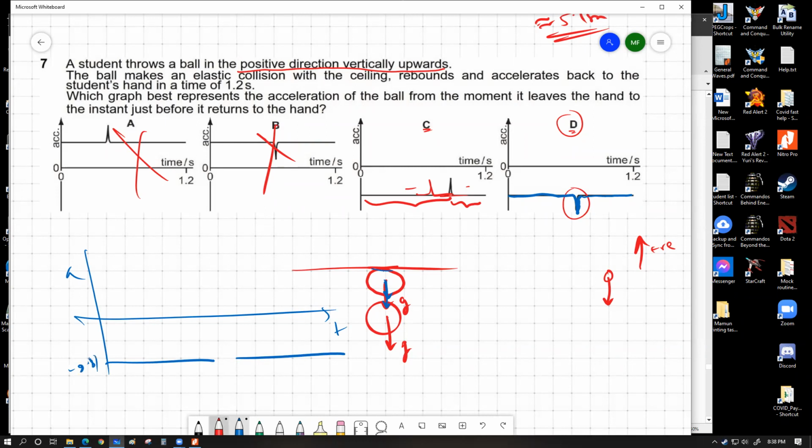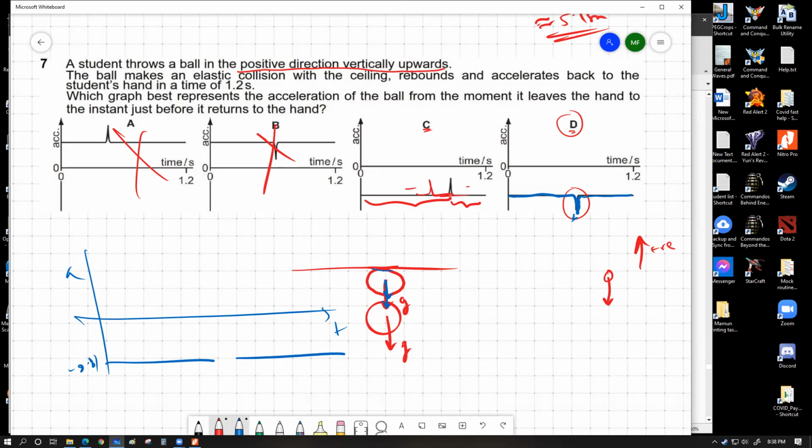That's for sure. Now, what I'm trying to ask you, in which direction should this spike be for the collision when it is making a collision with the ground? Sir, upward. It should be upwards. Now, definitely, because if this is downwards, this should be definitely upwards. Good. Now, should this upward acceleration go past the x-axis, or should it be below the x-axis?